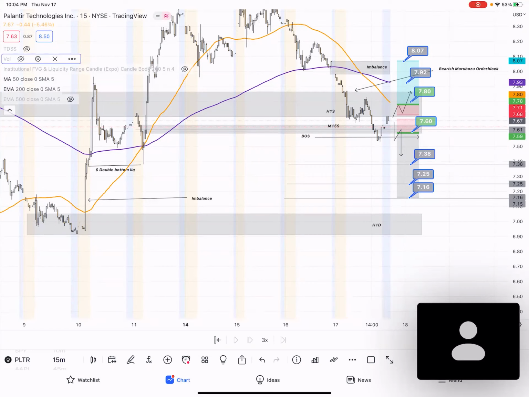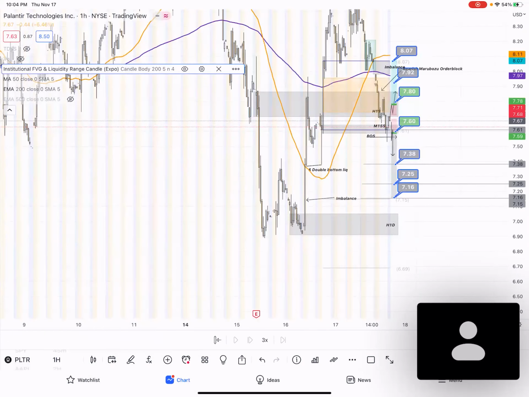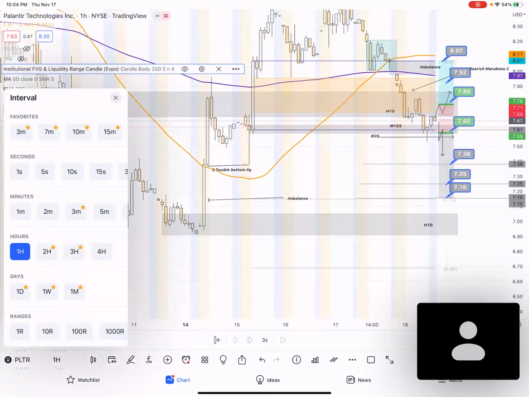But 50 MA, 200 EMA, and this institutional fair value gap liquidity range indicator has been pretty promising when I don't feel like identifying fair value gaps within the price action. It'll kind of just tell you where the gaps are itself. So that's a good one.